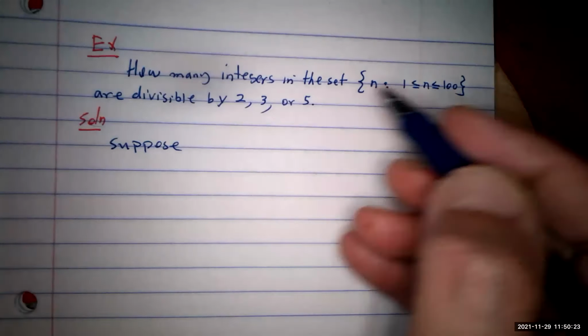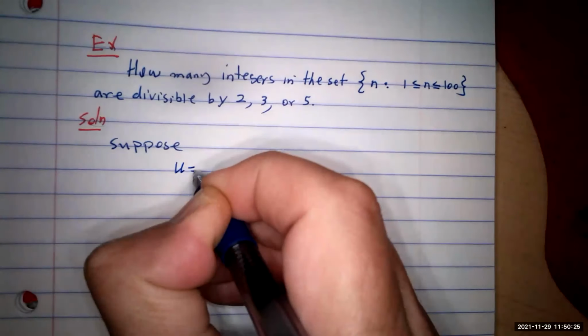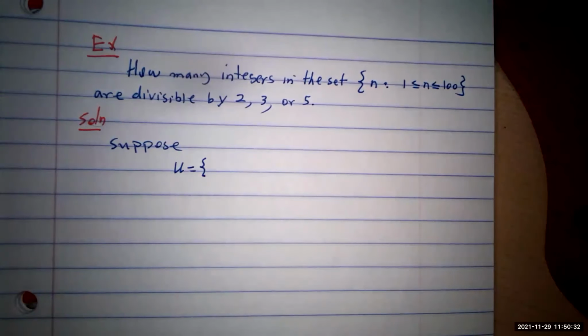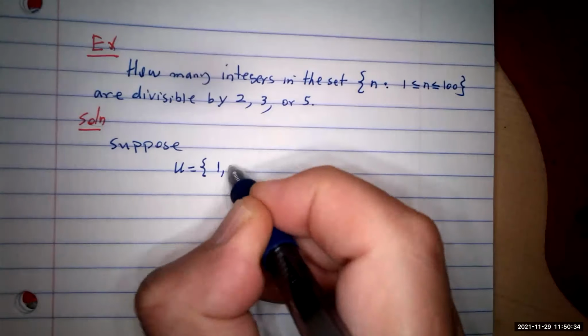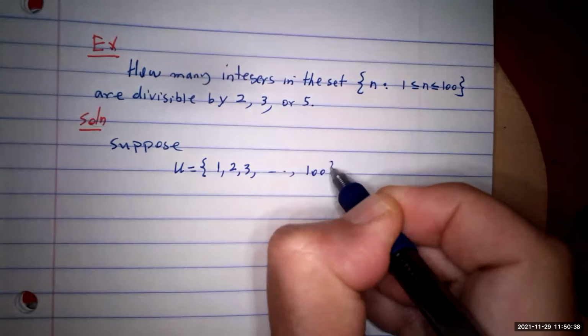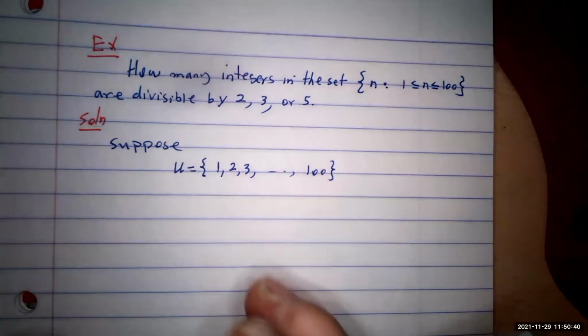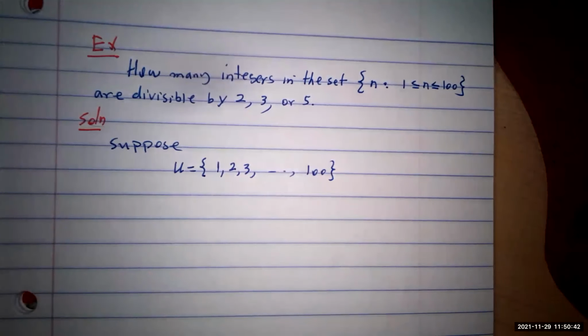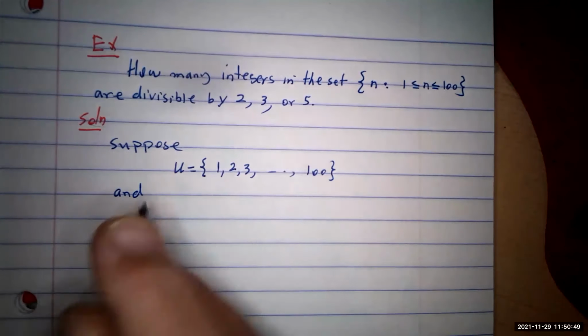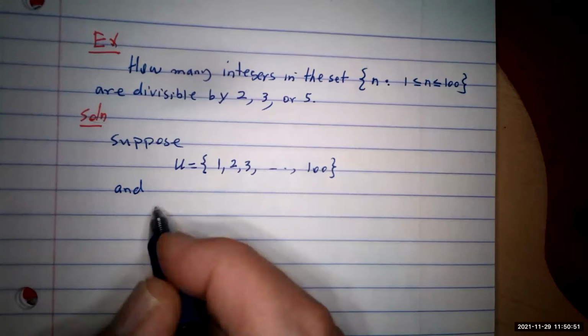So I'm going to take this set, I call it U, because this is the set that you're going to take your members out of. And what's going to be this set? This set is going to be 1, 2, 3, up to 100. From this set you are going to get those numbers. Suppose A, B, C. What is the set A?